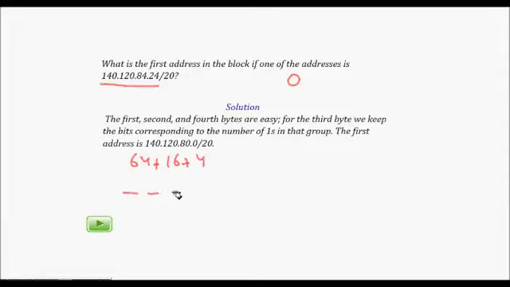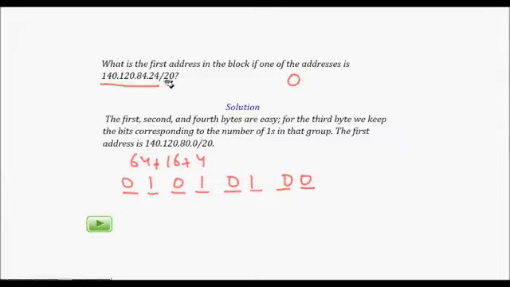So I can write it like this: 2 to the power of 6 is 1, 2 to the power of 5 is 0, 2 to the power of 4 is 1, 2 to the power of 3 is 0, then 2 squared and 2 to the power of 1, and this is the binary representation of 84.